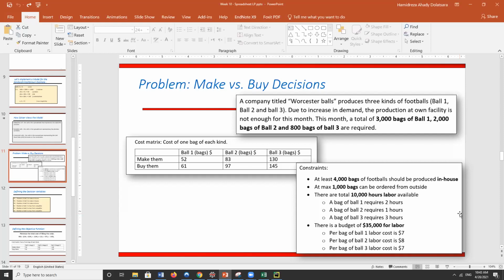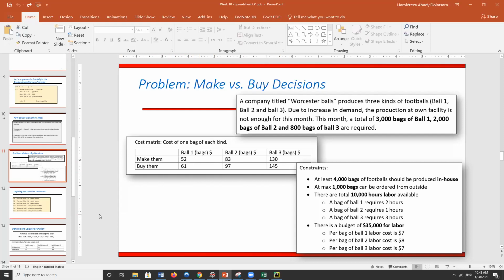You have an order for this month, and you are not able to make everything in-house. Look at the middle table. As you see, when you make them by yourself, you pay less. For example, ball 1, if you make in-house, it costs 52, but if you purchase it, you pay 61. Same for ball 2 and ball 3.